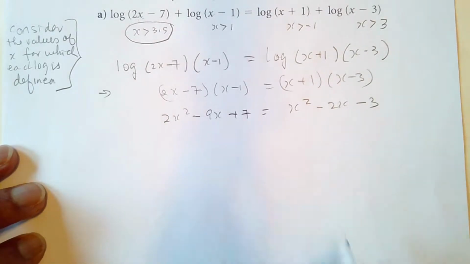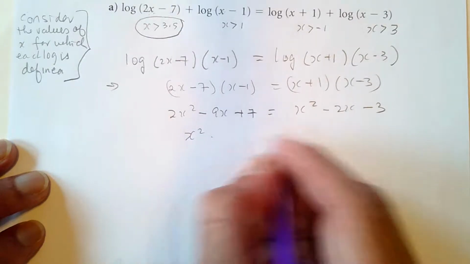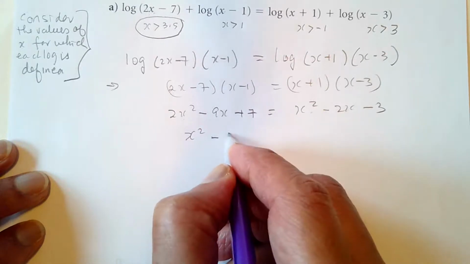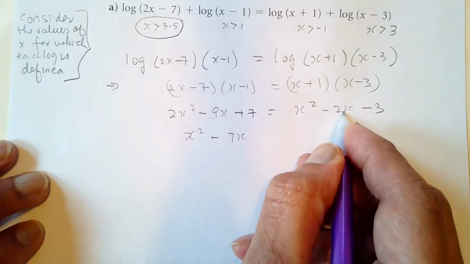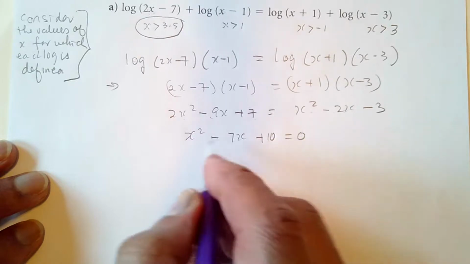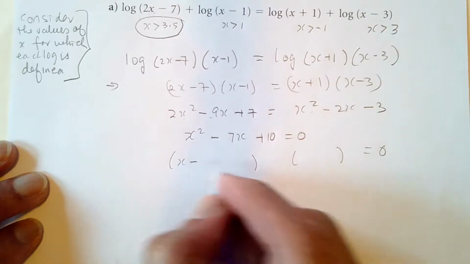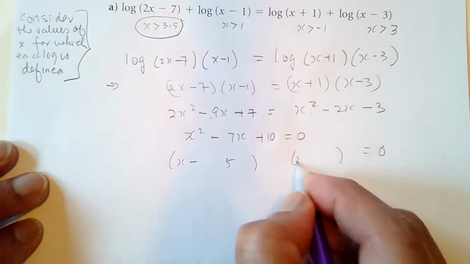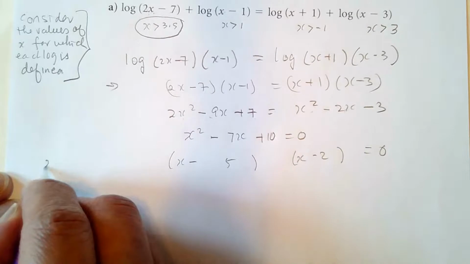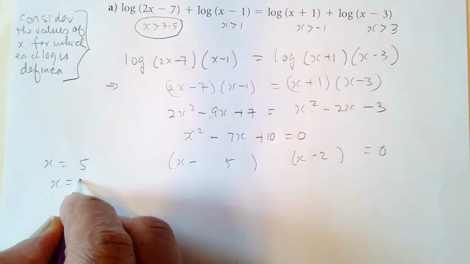Combine like terms, we'll end up with x squared minus 7x plus 10. Factor, we have x minus 5 will work there, and x minus 2. So we have x is either equal to 5 or x is equal to 2.